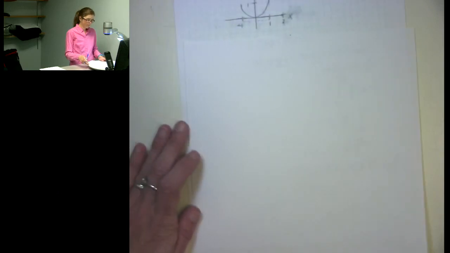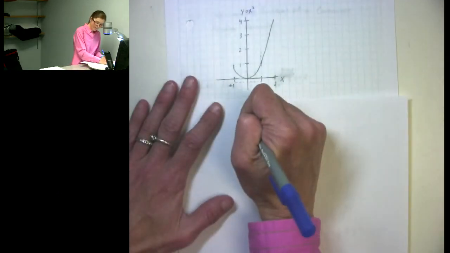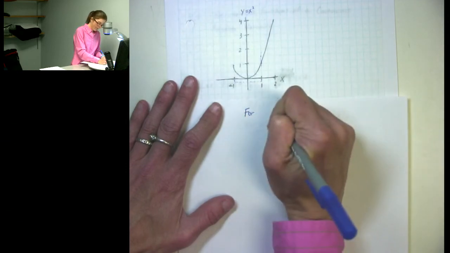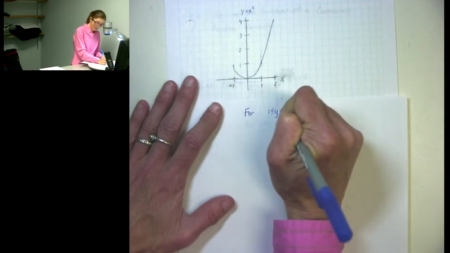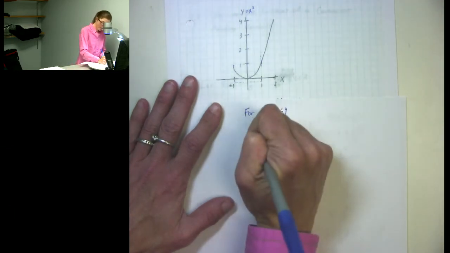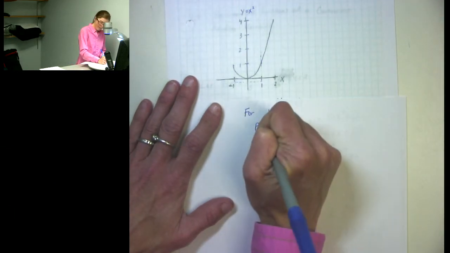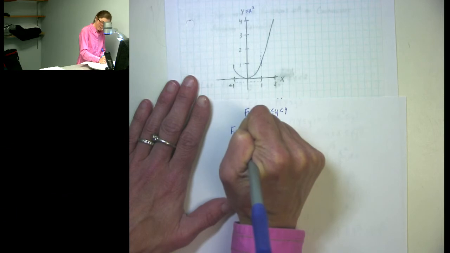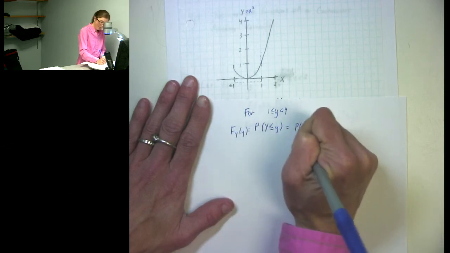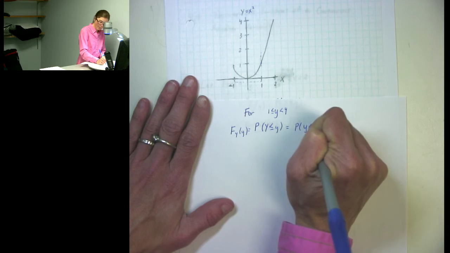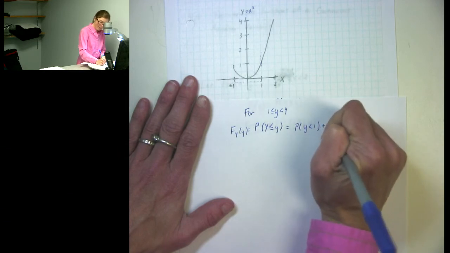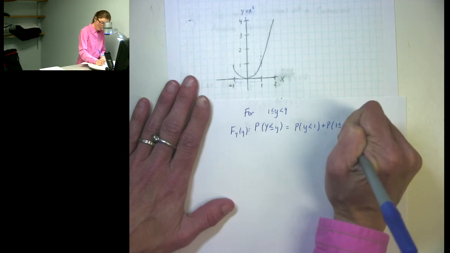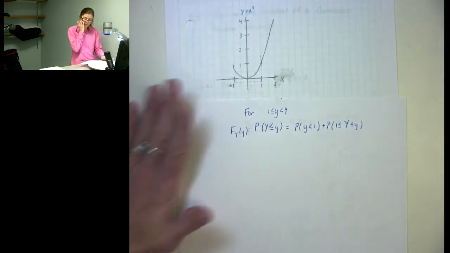So for y between 1 and 4, the probability that Y is less than or equal to little y, which is my F_Y of y, is equal to the probability that Y is less than 1 plus the probability that 1 is less than or equal to Y is less than or equal to y.